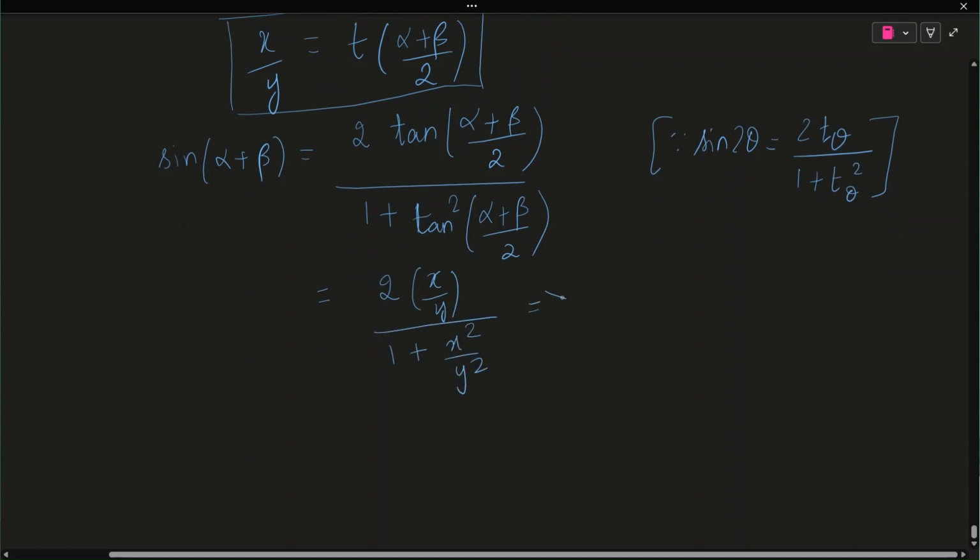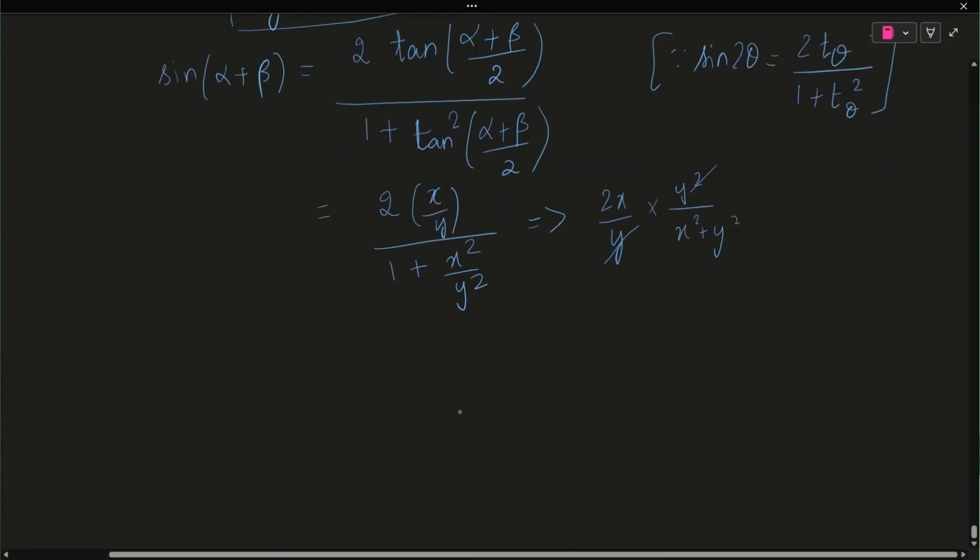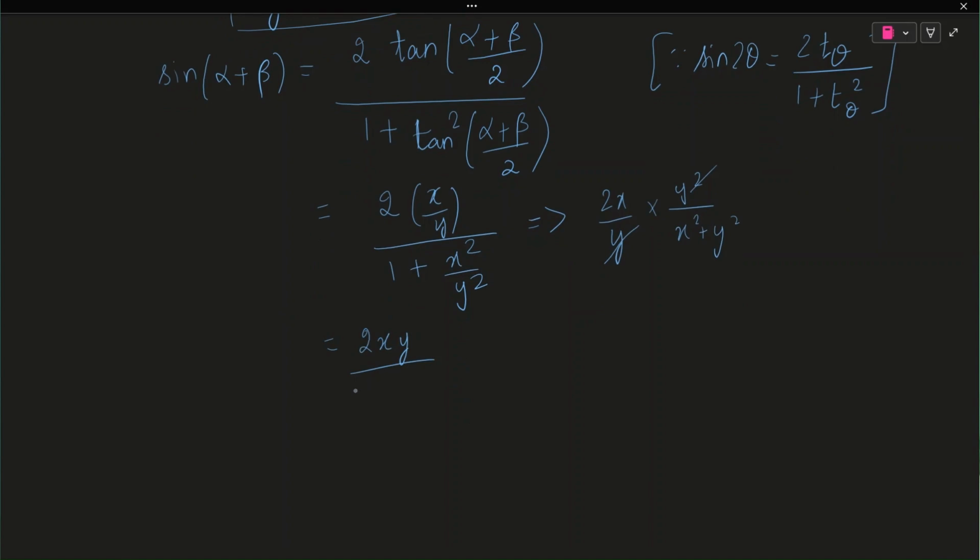After getting the common denominator, y square, I can just cancel and I will get 2xy by x square plus y square, sine of alpha plus beta.